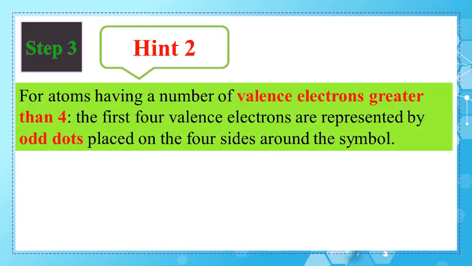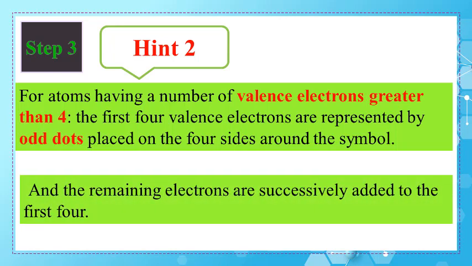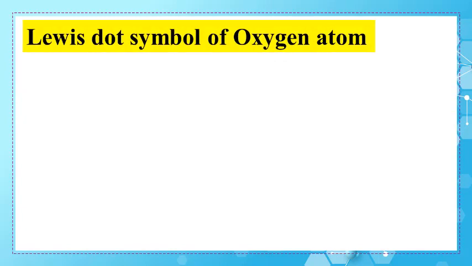Now, hint 2. For atoms having a number of valence electrons greater than 4, the first 4 valence electrons are represented by odd dots placed on the 4 sides around the symbol, and the remaining electrons will be successively added to the first four. Example 1, writing the Lewis dot symbol of oxygen atom.